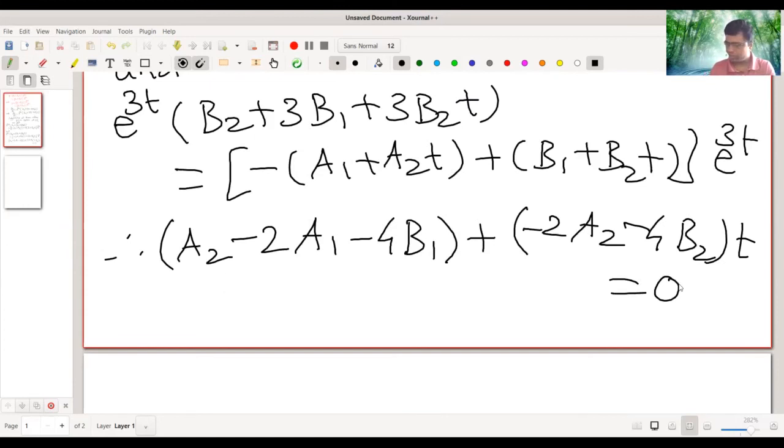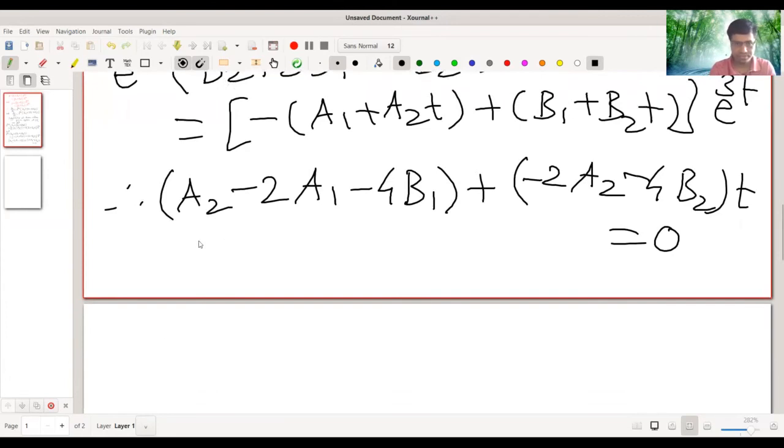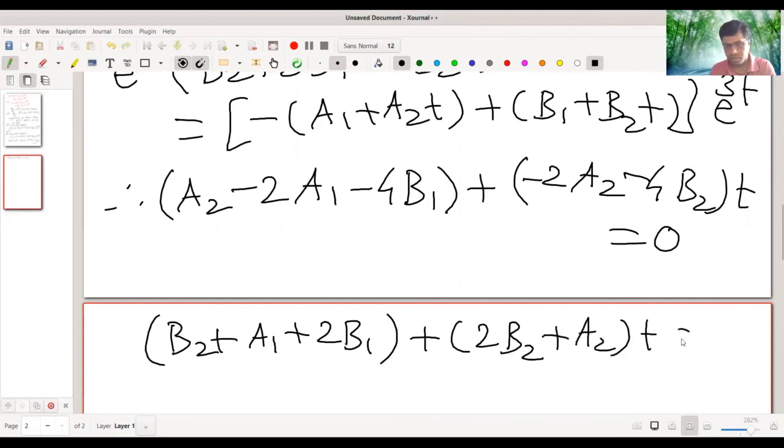Similarly, the second equation, if you check, in a similar manner is b2 plus (a1 plus 2b1) plus (2b2 plus a2)t equal to 0.